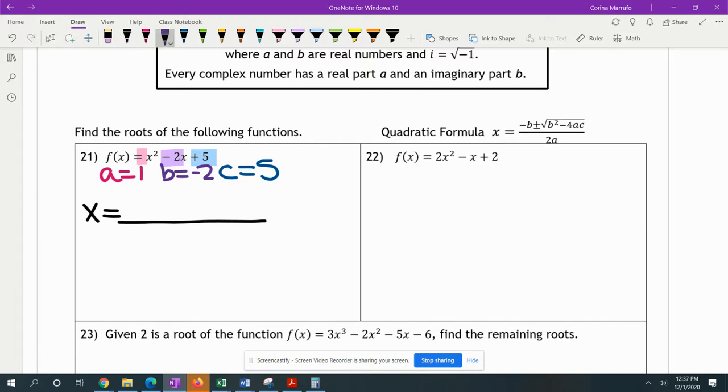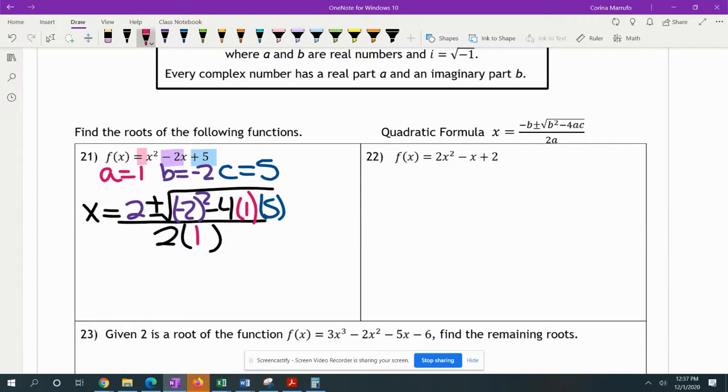Well, b is already negative, so that means that it's going to turn into a positive. Plus or minus the square root of b squared, so -2 squared, minus 4 times a is 1, times c is 5. And all of this is over 2 times a is 1.